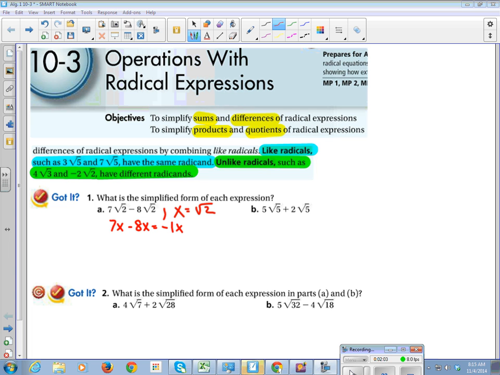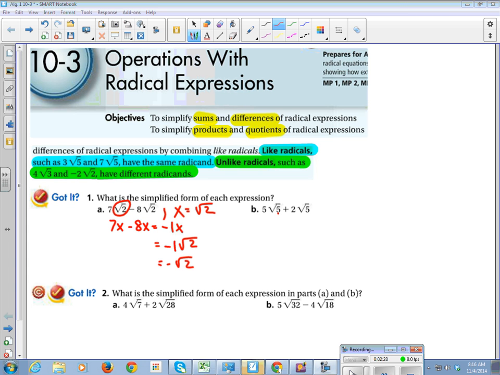Then you substitute back in the square root of 2. You treat the radical like an x. So if I have 7 root 2's and I'm subtracting 8 root 2's, I end up with negative 1 root 2's.